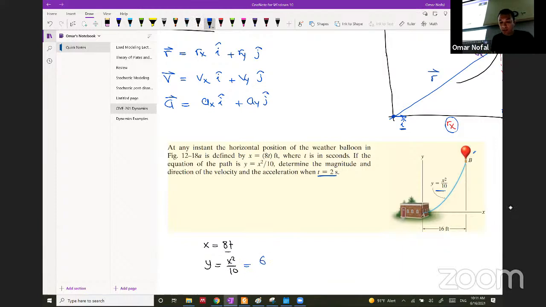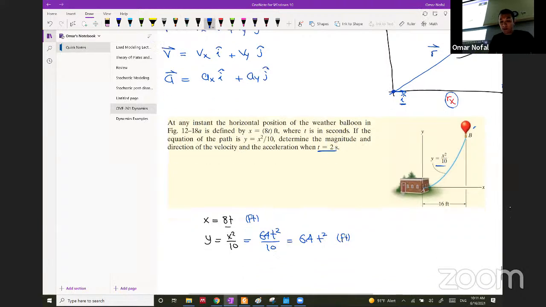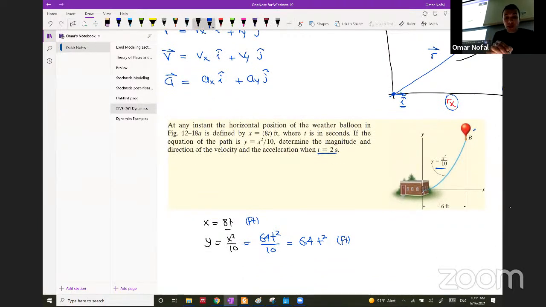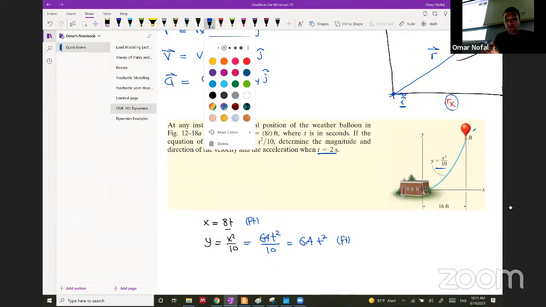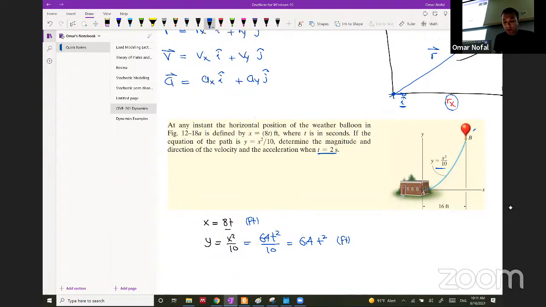It will be 64t squared over 10, so it will be 6.4t squared, still in feet. Right now I can write the position vector, with x, which you can call X or Rx, whatever is best for you, and y. If we need to get the velocity, let's number one.